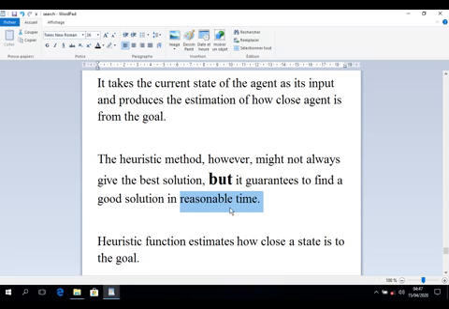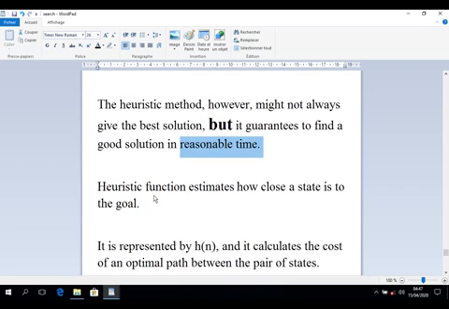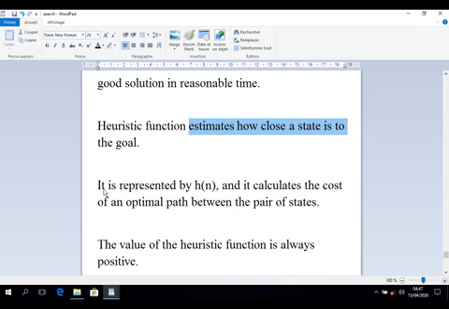Why? Because it tells us what should be the most promising node or the most promising path to reach the goal. So it guarantees to find a good solution in a reasonable time. Fine. So it estimates how close a state is to the goal.